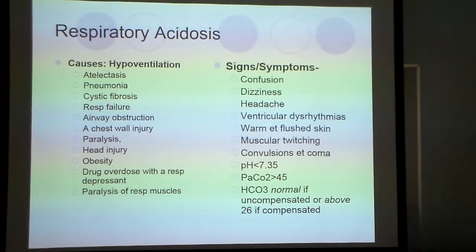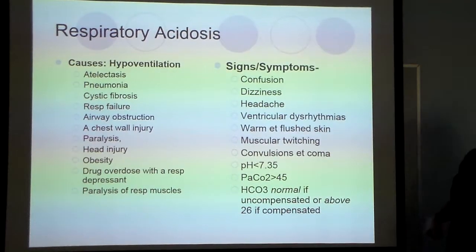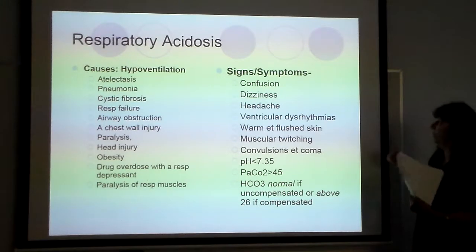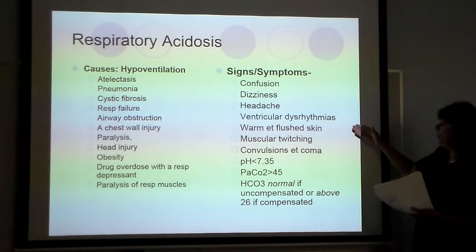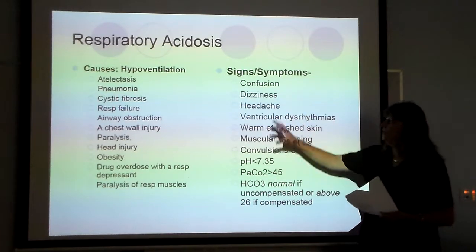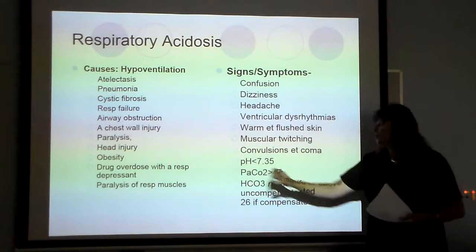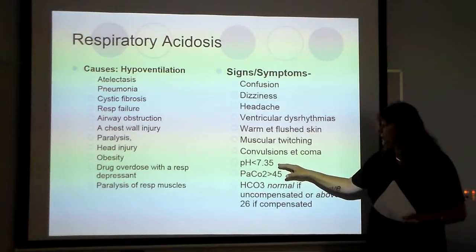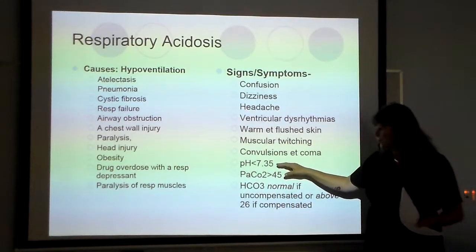Our signs and symptoms of acidosis: dizziness, confusion, headache, or of hypoventilation. Warm, flushed skin. These aren't just hypoventilation, but these are signs and symptoms of any one of these disorders. We know that the pH is less than 7.35 in acidosis.